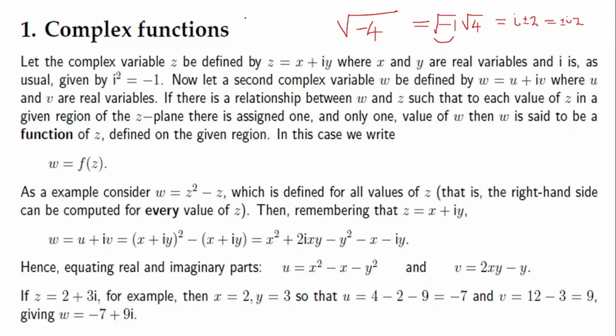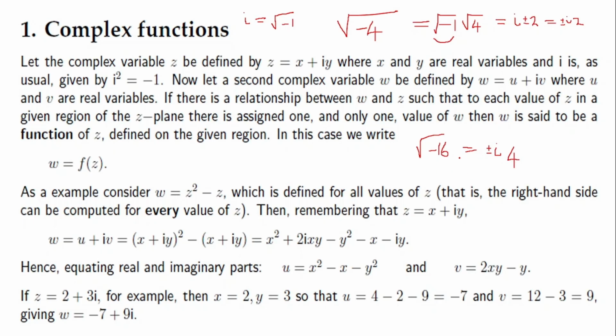So generally, what is I? I is equal to the root of -1. So if I ask you to find the root of -16, then complex variable is very, very important. This one will give you plus or negative I 4, right?